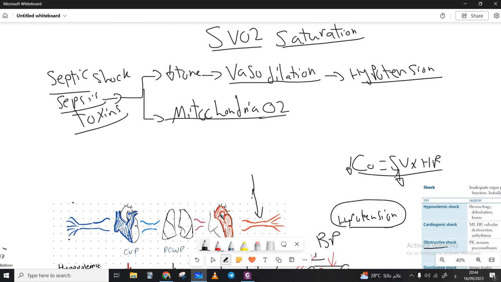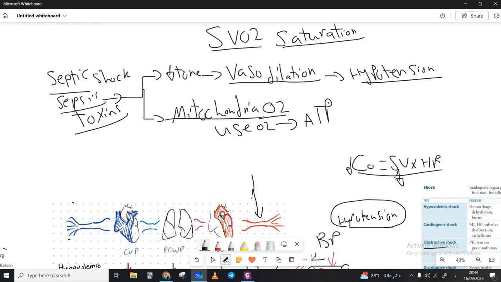Our mitochondria are necessary to get oxygen from the arteries or the blood and then use this oxygen to get ATP. This is the only reason to use oxygen, and that's why oxygen keeps us alive: it keeps the mitochondria working, keeps the electron transport chain going, and produces ATP.